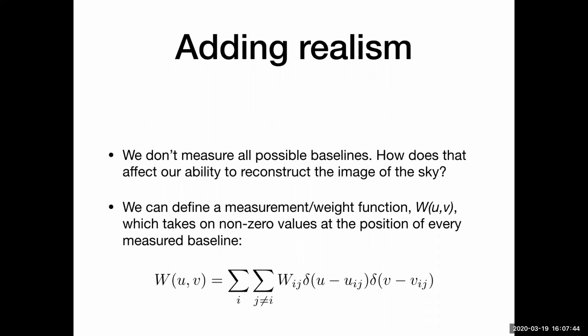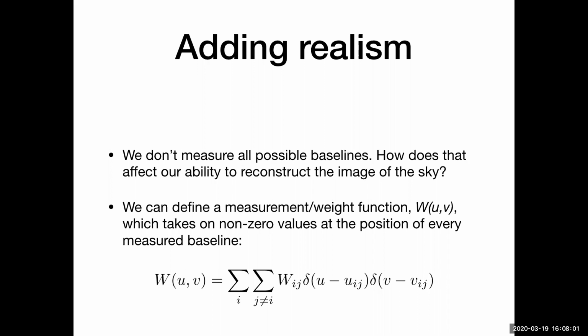So in terms of adding a few extra layers of realism to this, as I said, we don't measure all possible baselines, even in the best possible case, because you'd basically need infinitely many radio telescopes, and not even the SKA has funding for that.